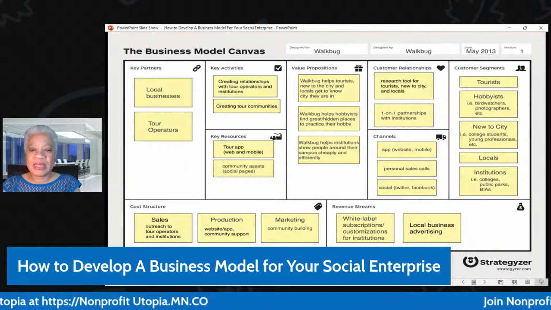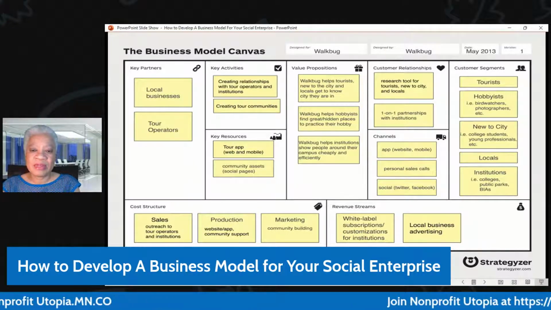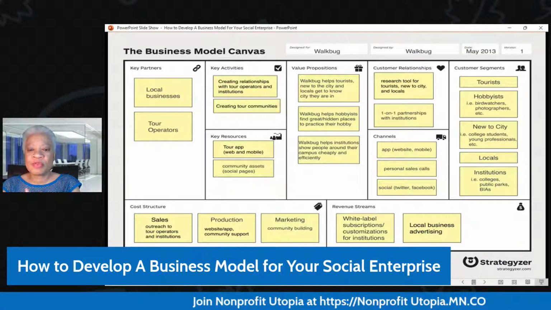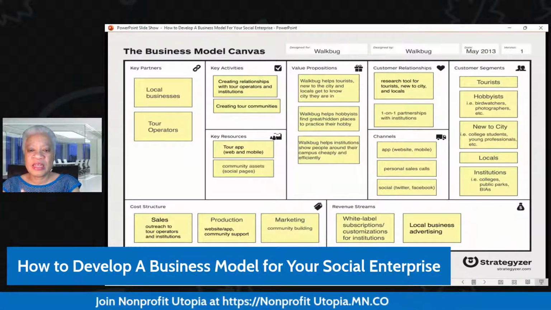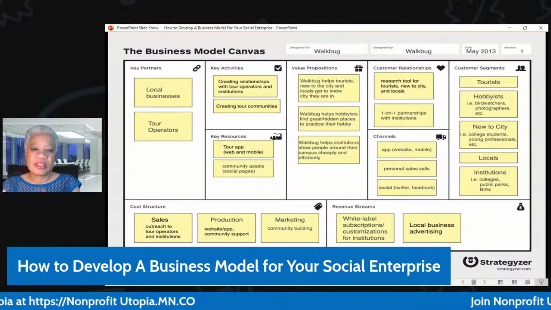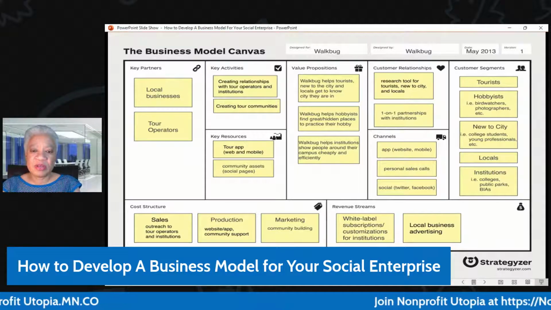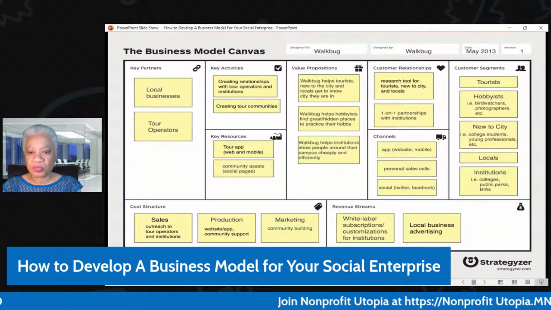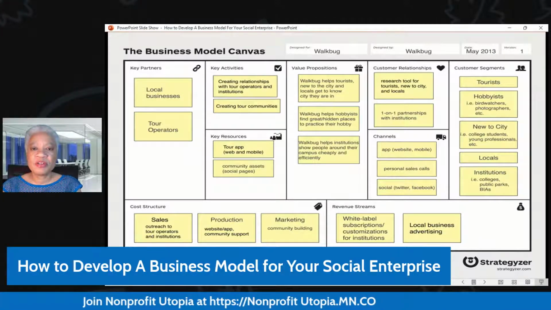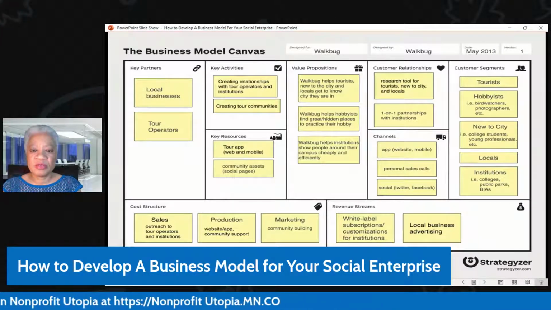The way they were going to relate to their customers or establish their relationships, they were going to provide a research tool for tourists who were new to the city, as well as people who were locals and they just wanted to really get to know their city better. They were going to also establish one-on-one partnerships with local institutions.